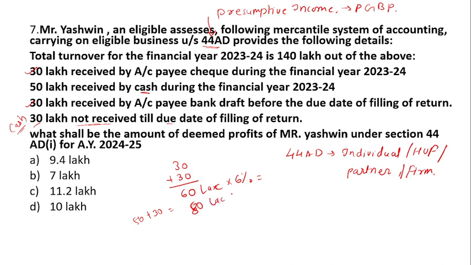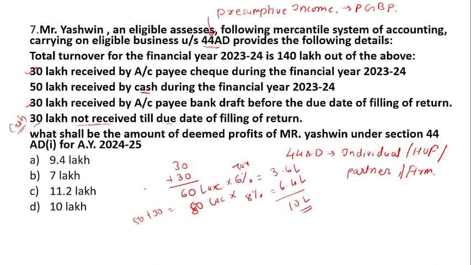In this 80 lakh we charge tax at 8%. Here is 60 lakh, and 6% of the 60 lakh is 3.6 lakh. And 8% of the 80 lakh is 6.4 lakh. So the total is 10 lakh.